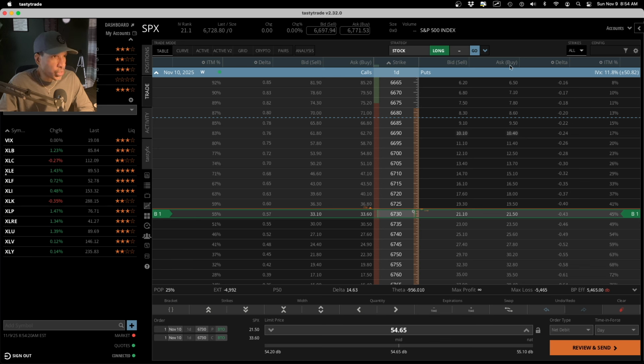You would do this by clicking on the price or the premium under the ask column on each side, right? And that will give you a price of the straddle. Now that price, you can round up, which would be 55. That gives you the expected move for this particular expiration date.